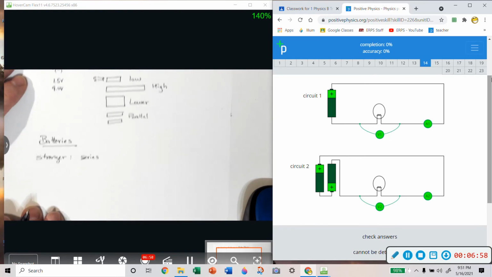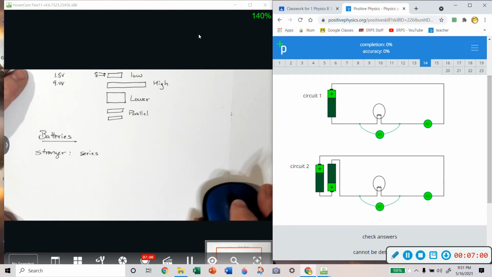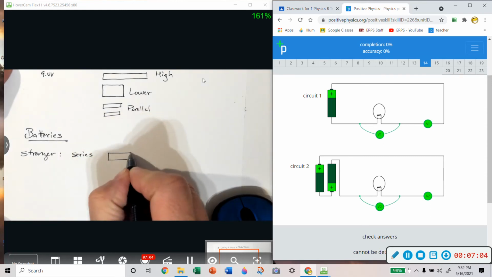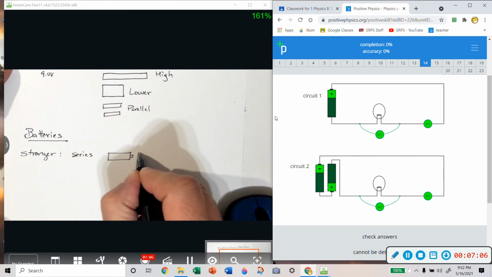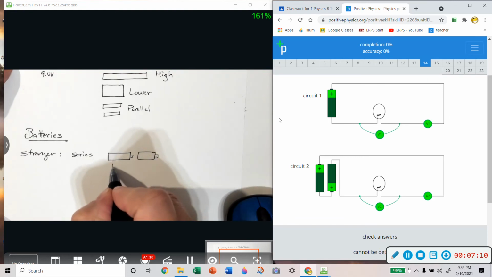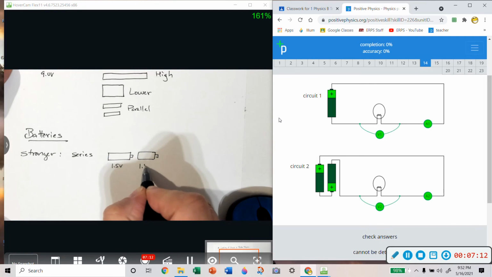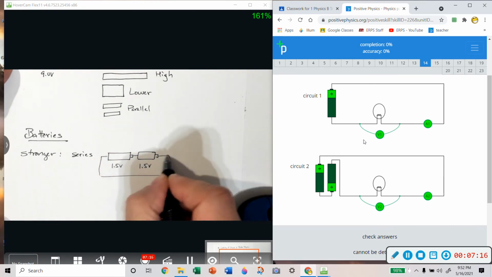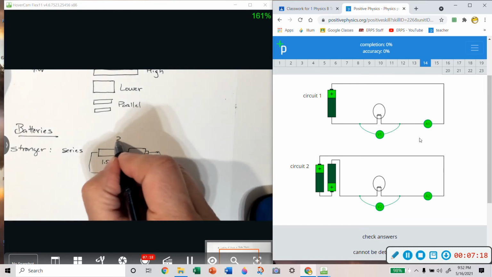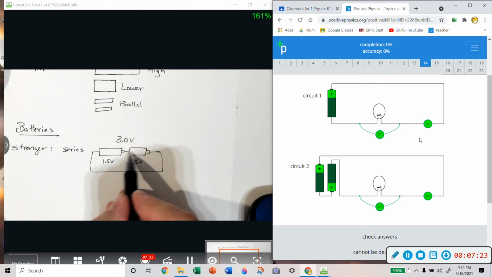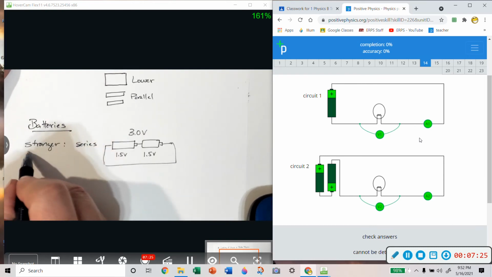That means whenever you have batteries that flow one after another, like so, and you have a 1.5 volt battery and a 1.5 volt battery connected in series like this, you actually are putting in there a 3.0 volt battery. So anytime batteries are in series, they are stronger.